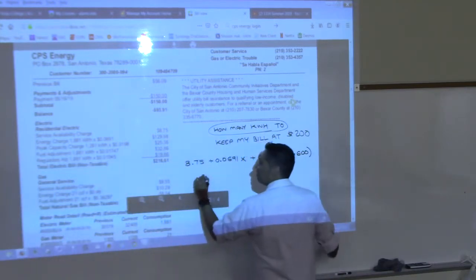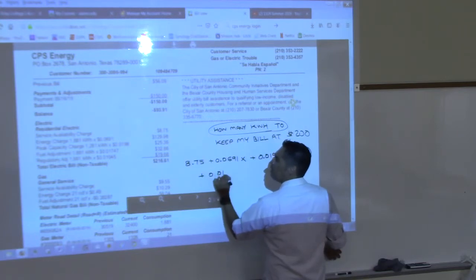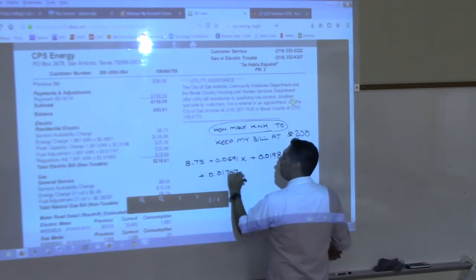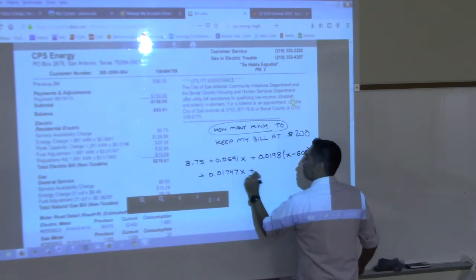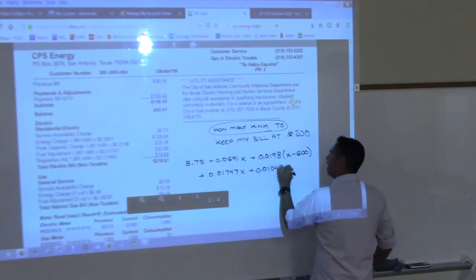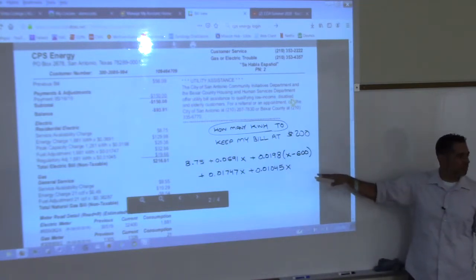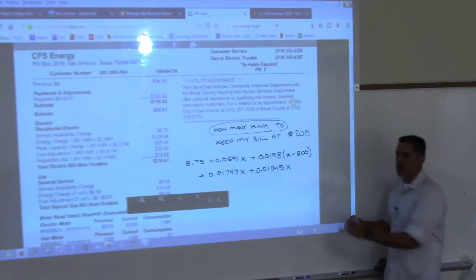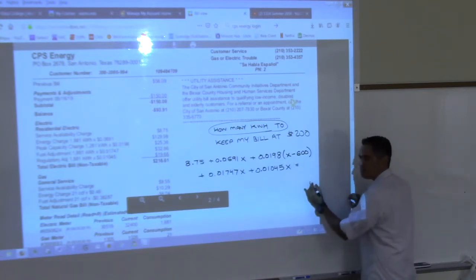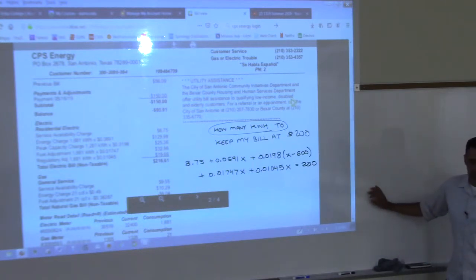I'm going to run out of room, so I'm just going to add to this down here. 0.01747x, then plus 0.01045x. There we go. That should be how much I'm charged for electricity. And I want to know when this is 200. So now I have to go solve that equation.